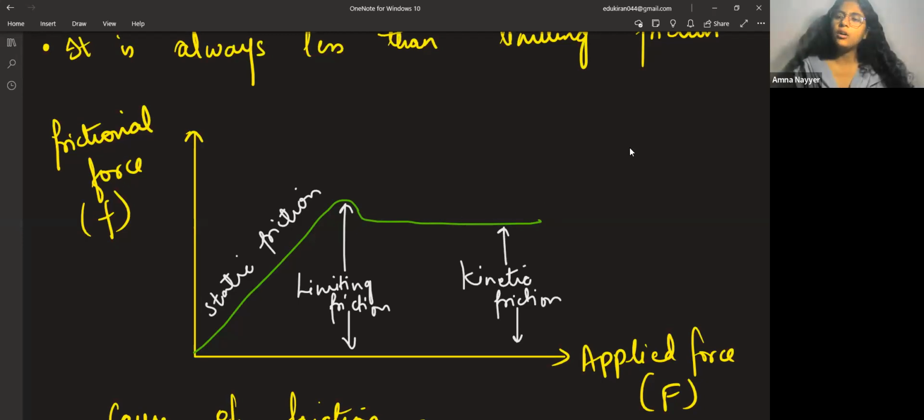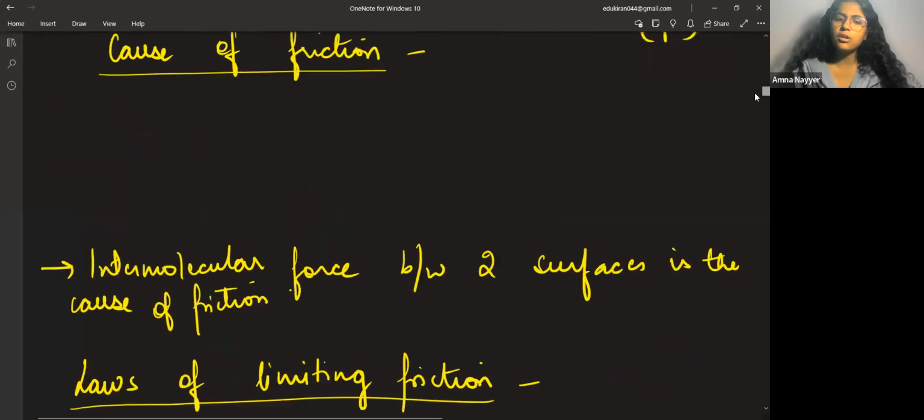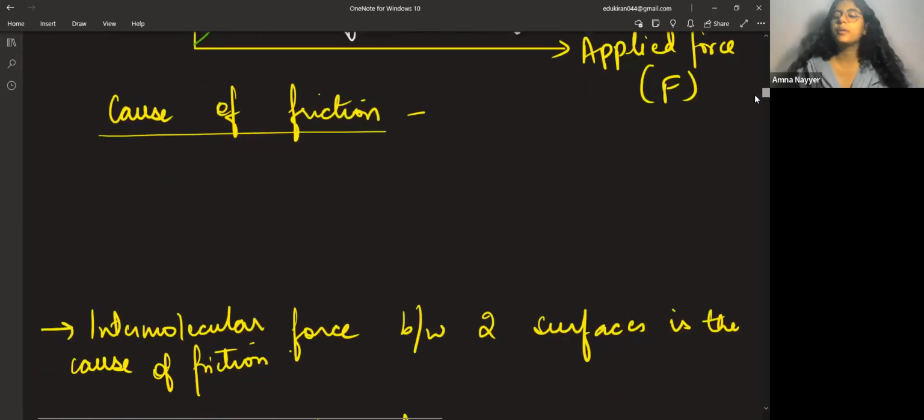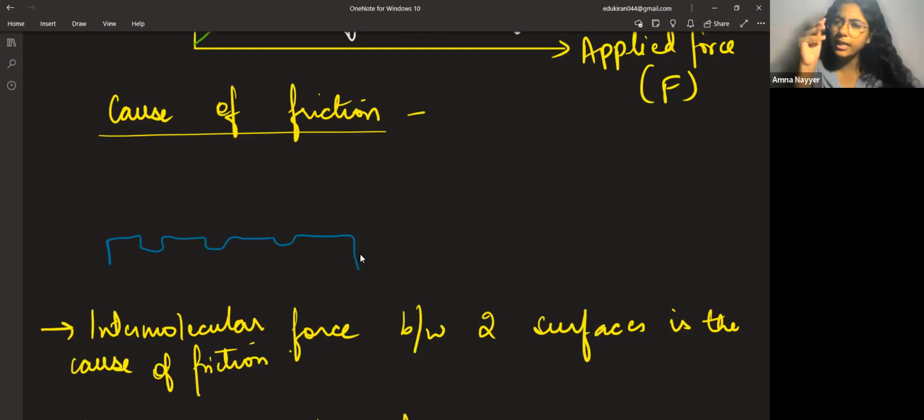All right. And causes of friction also I have discussed with you. Causes of friction: intermolecular forces between two surfaces. See, if we see the structure in detail microscopically, then you will see irregularities are present between two objects like this.